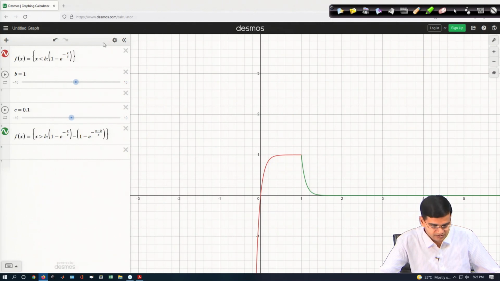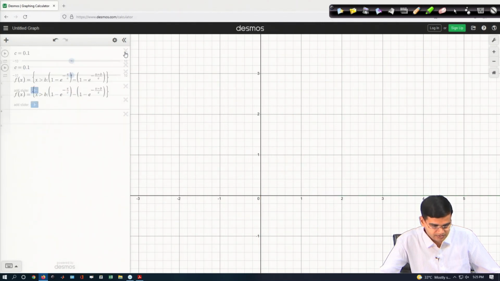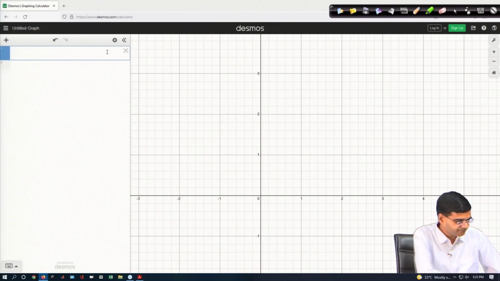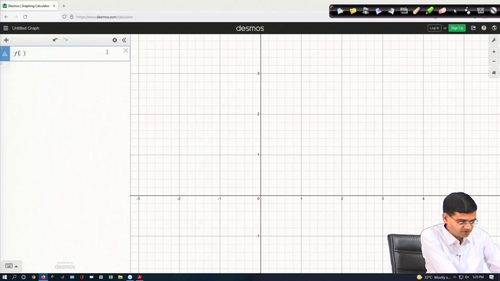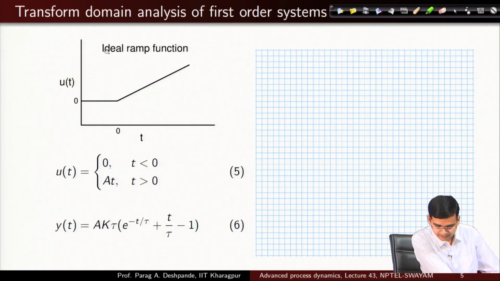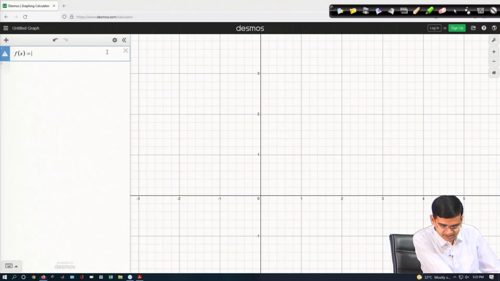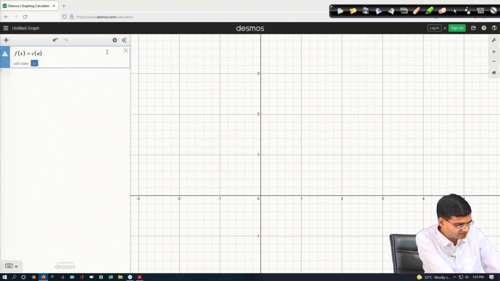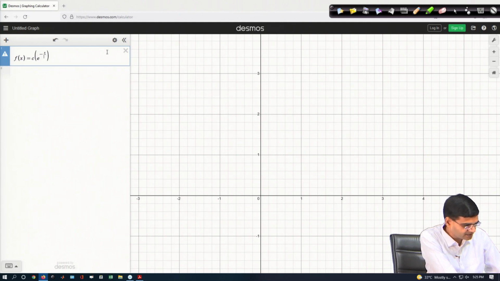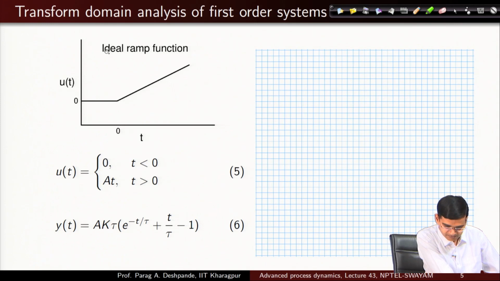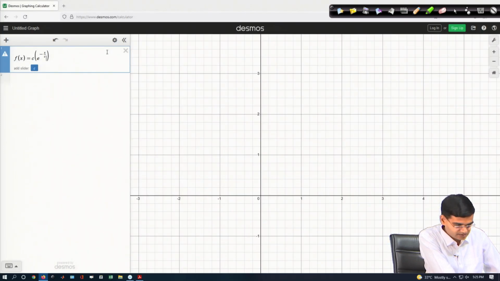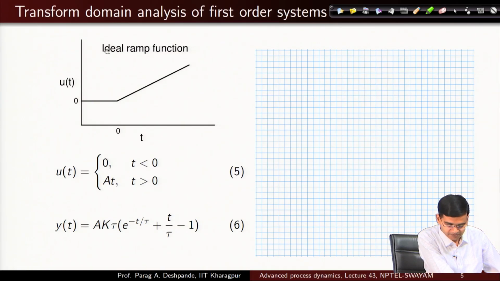So, my f of x is what? Time constant c multiplied by e to the power minus x by c, plus x by c minus 1.